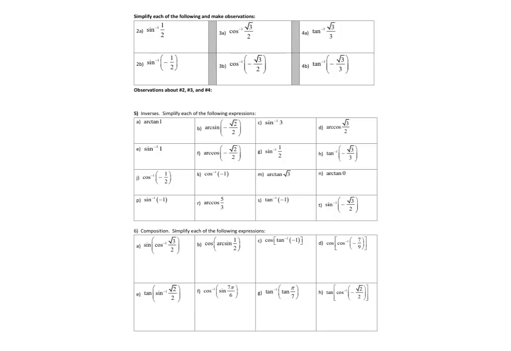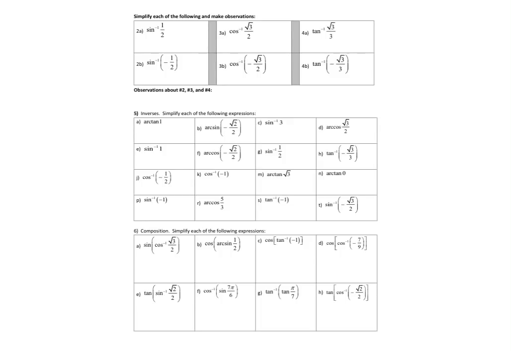Now, in numbers 2, 3, and 4, what I want you to do is look at what's happening to each sine, cosine, and tangent in the different quadrants, or based on whether I give you a positive or a negative input. Is your answer going to be in the first, second, third, or fourth quadrant? You'll have to review the pictures of the graphs and the restricted domains and ranges from the first page of this packet in order to truly understand the why behind each of these.